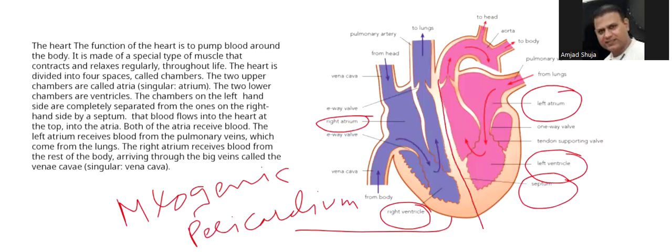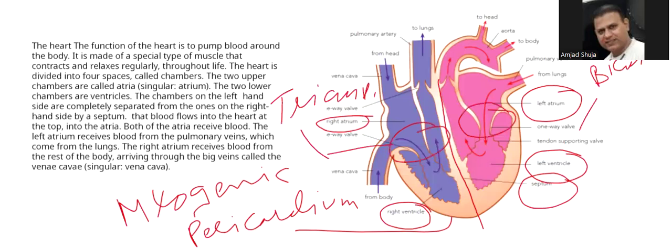And in this atrioventricular septum, there are some valves. The name of the valve here on the right side is the tricuspid valve. And on the left side, the valve is the bicuspid valve.